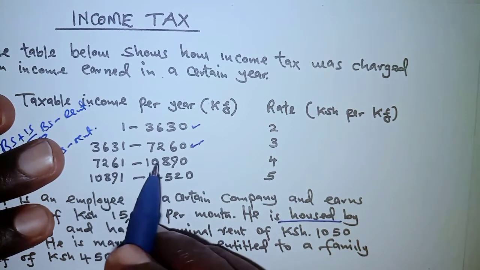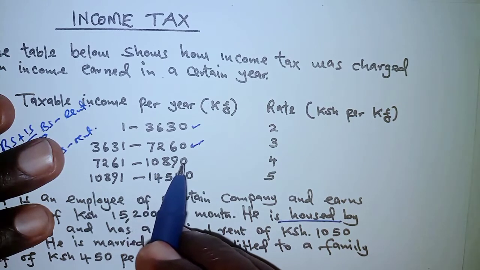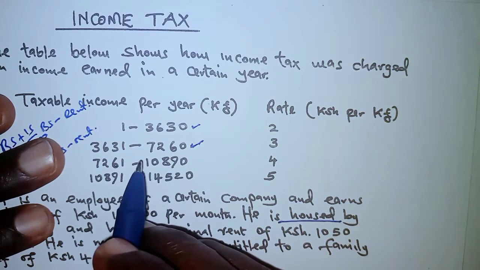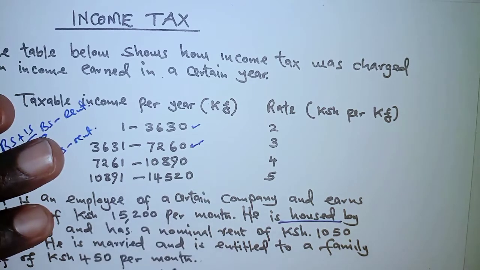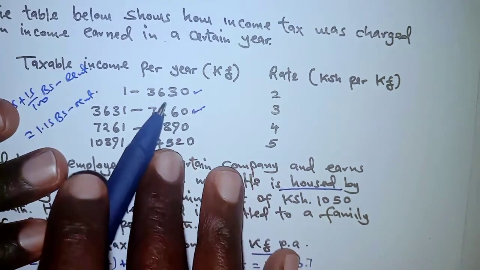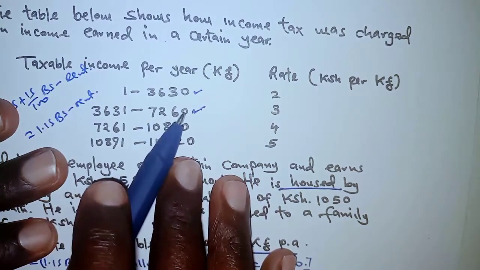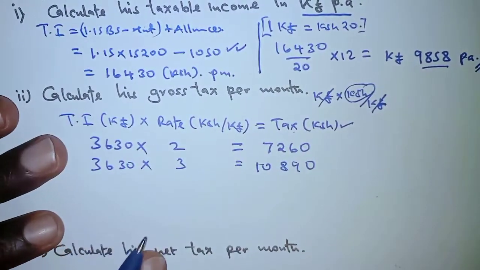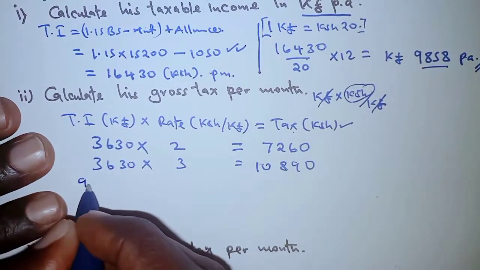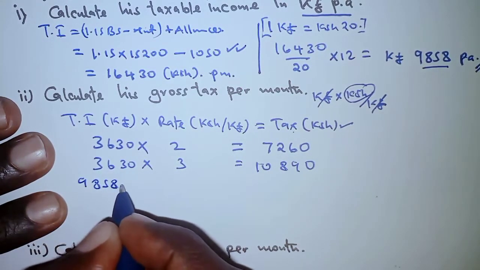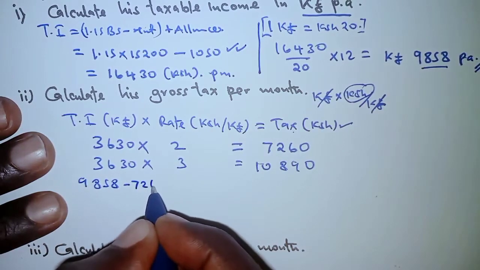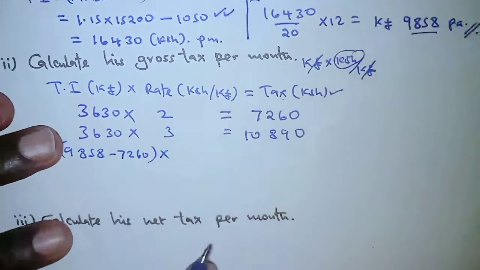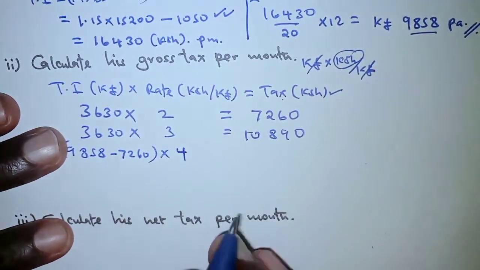So instead of subtracting 10,890 minus 7,260, we will simply take the taxable income minus 7,260, that is 9,858 minus 7,260, and then multiply by the rate for that particular band, which is 4.